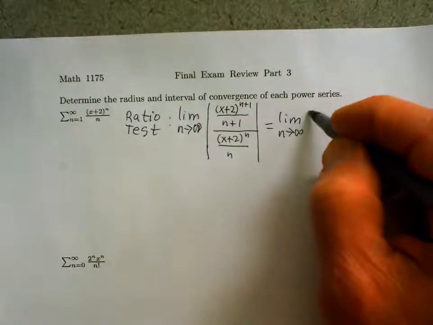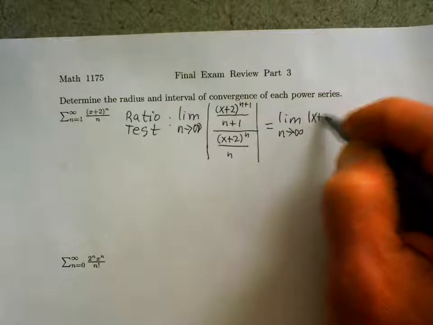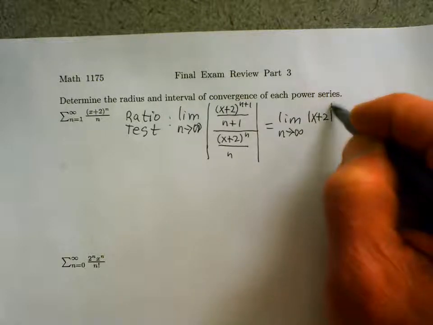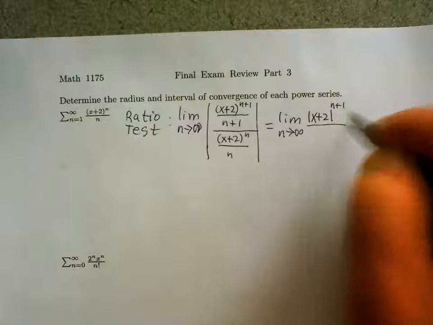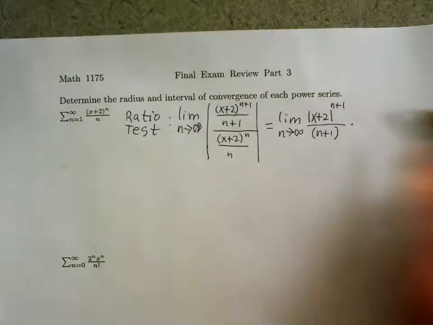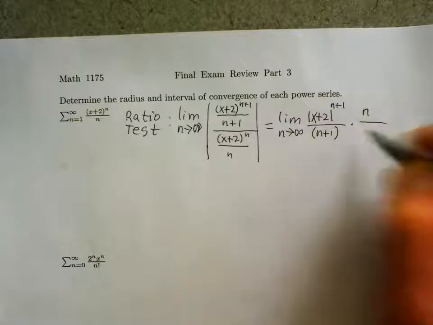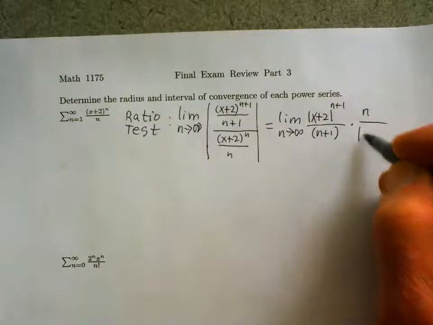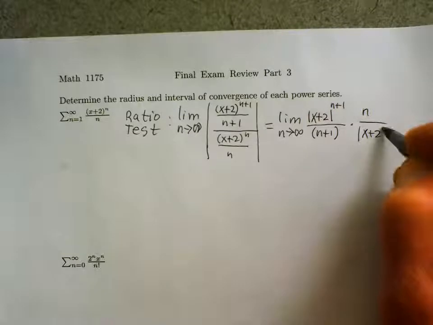We'll write it as the absolute value of (x+2)^(n+1) over n+1, and then times n over the absolute value of (x+2)^n.